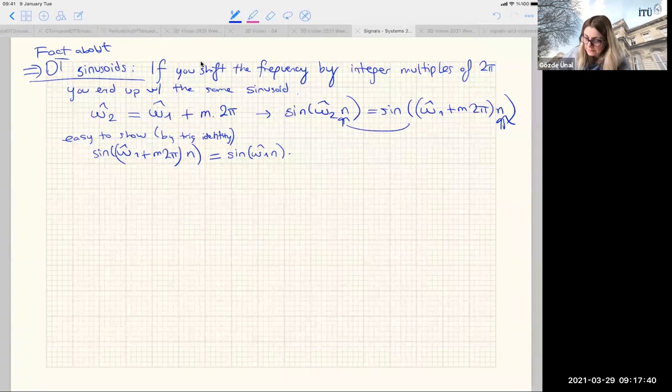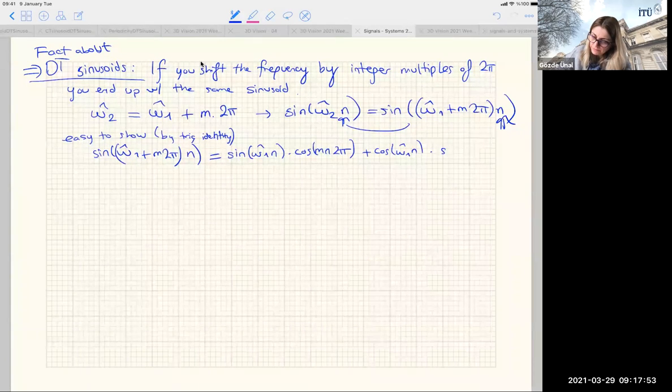Time cosine m n 2 pi. I think we derived this by Euler formula before, so it should be fine. Okay. So let's see, plus cosine omega 1 n times sine m n 2 pi. Because this is 0, this is 1, you end up with what you want.